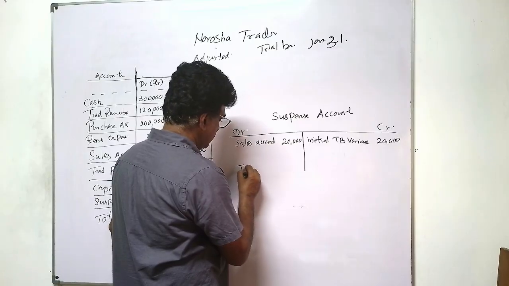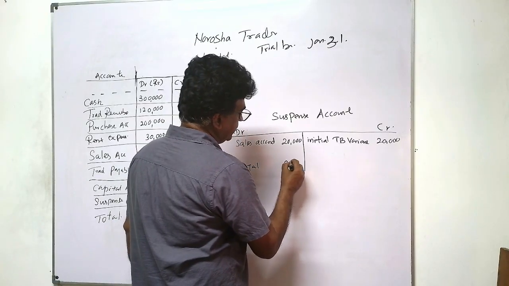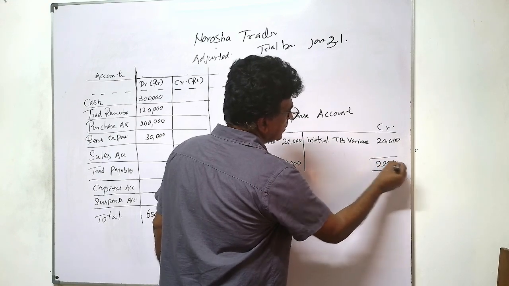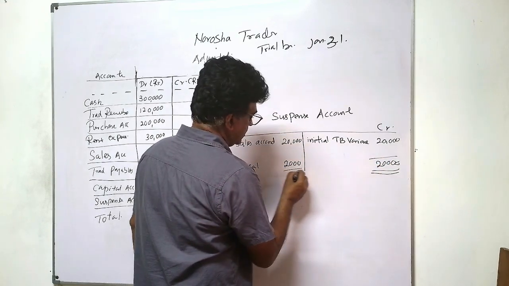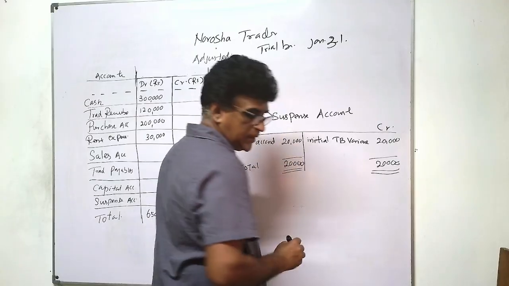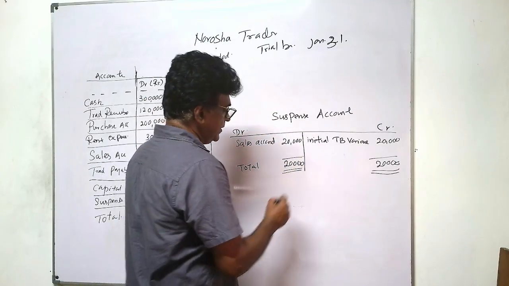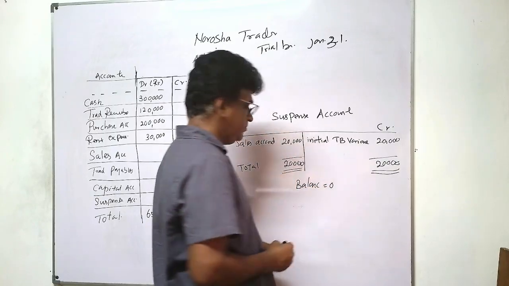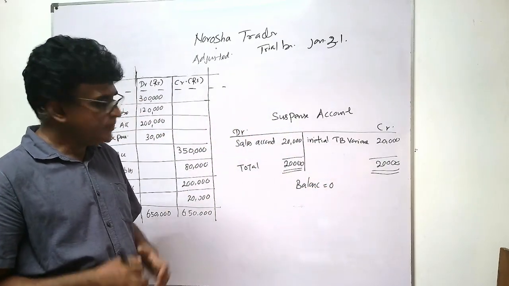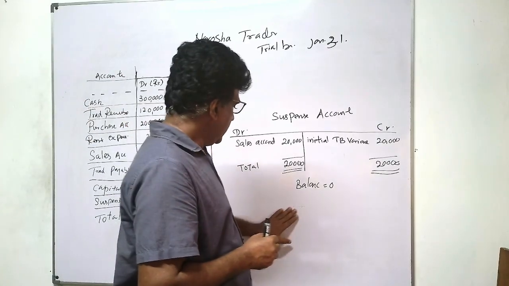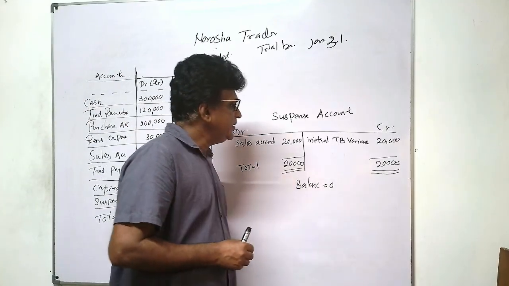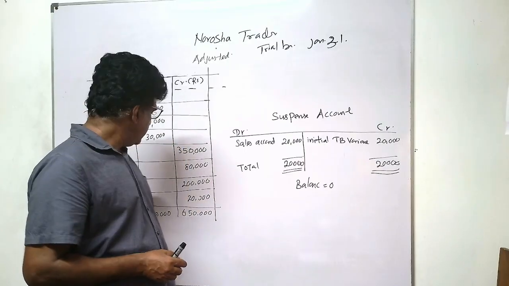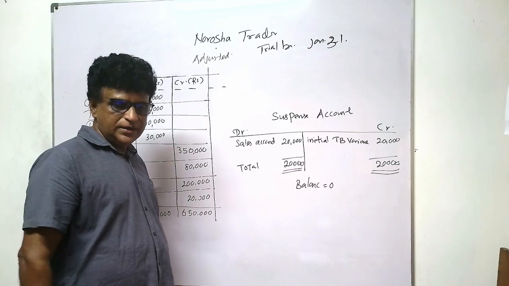Total 20,000, 20,000, right? Balance equals 0, right? Okay, then we can extend this trial balance as the final one.